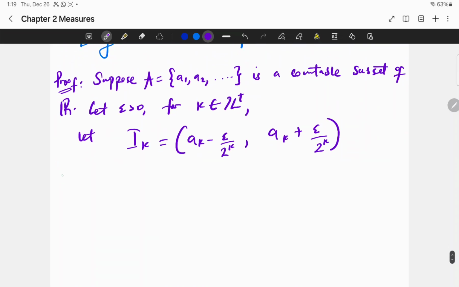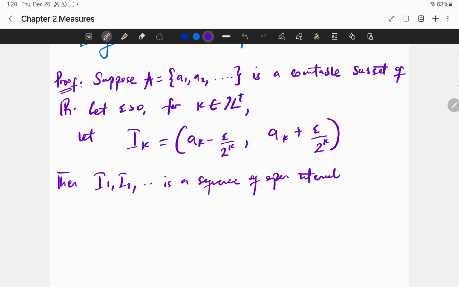Then you see that this is a sequence of open intervals whose union contains A.